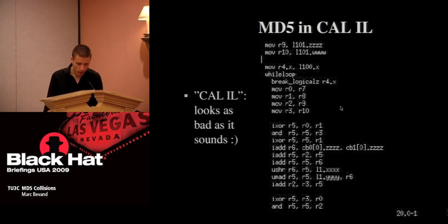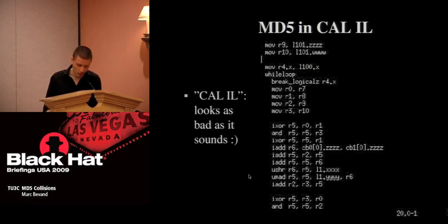So you can look at my white paper on the Black Hat website to see what kind of tricks I used to optimize MD5, but basically it consists of mapping the MD5 steps to the CAL instructions, and I use tricks like using the multiply and add instruction to execute rotate in 2 instructions instead of 1.